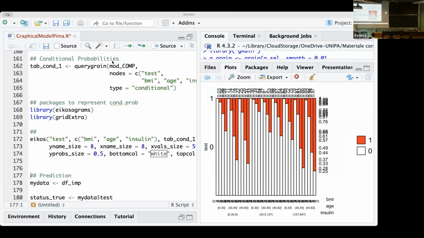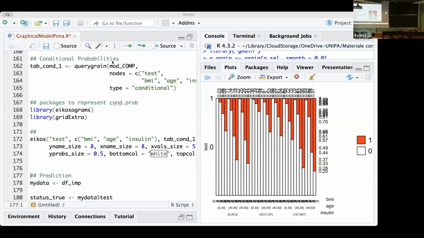So the y variable, the one that you condition, is on the left. So it's the test here. The test can be 0 or 1. And we condition this test on 3 variables: BMI, age, and insulin, right? Here, well, I cannot read anything, but there are all the categories of BMI ordered.